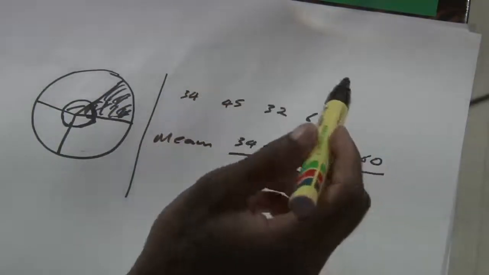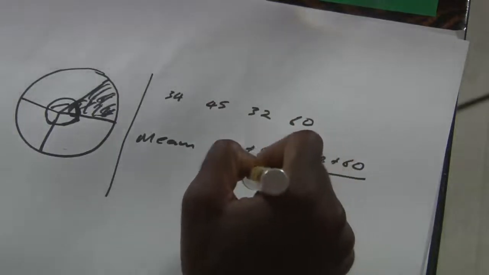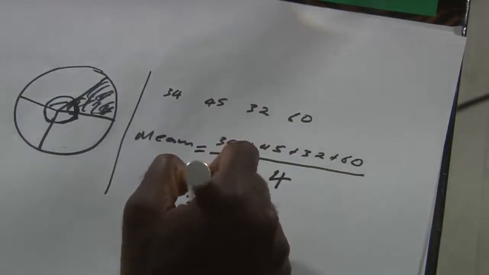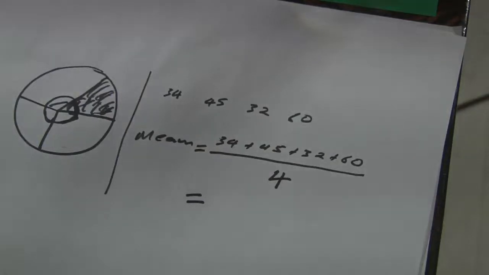In our case that is 4, because we have 4 data points, so we divide this by 4, and then you get your answer. That will give you the mean.